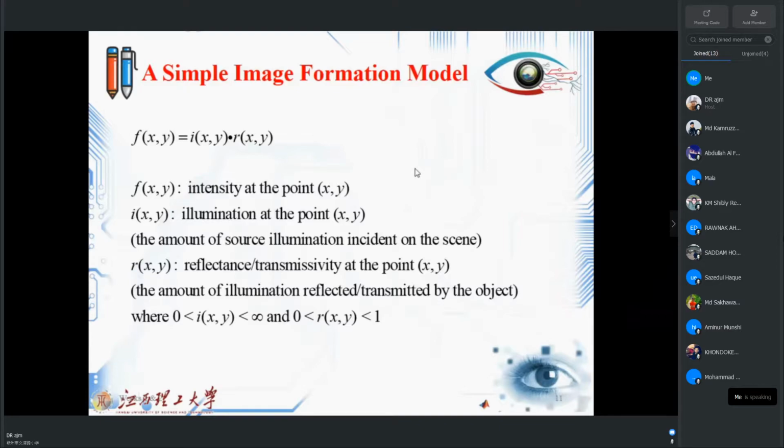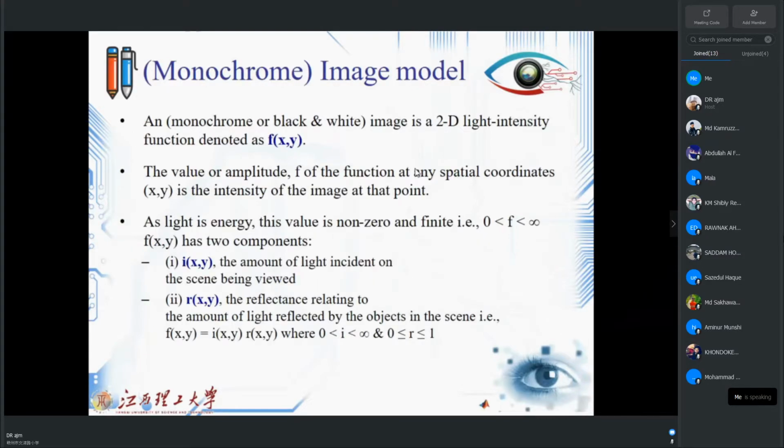The i(x,y) should be between 0 and infinity. And the r part is the reflectance, which is between 0 and 1. This is the domain of each of them. Have this in your mind.